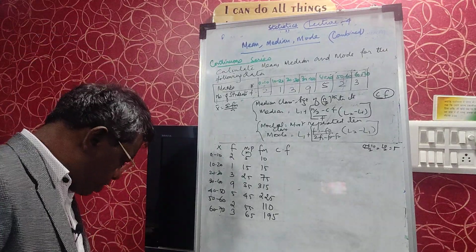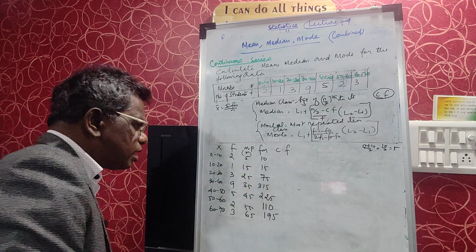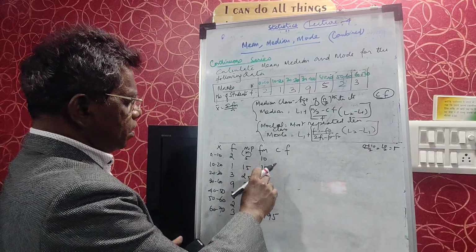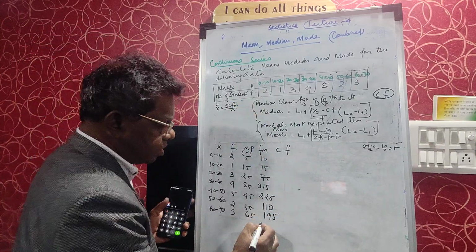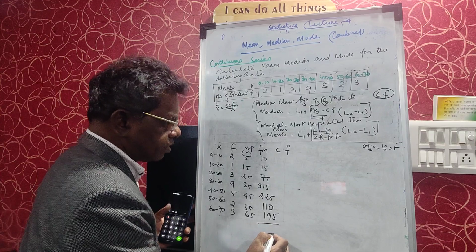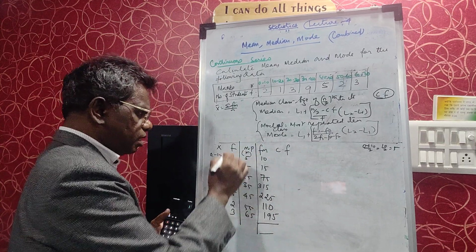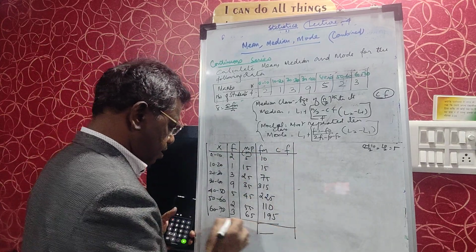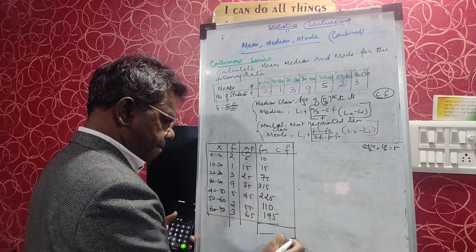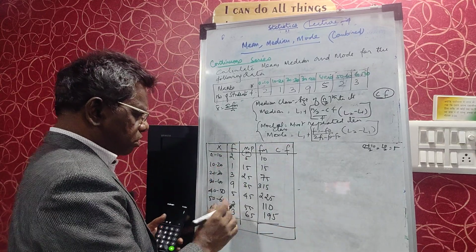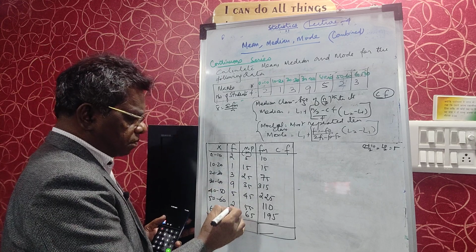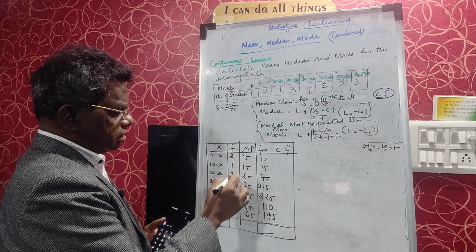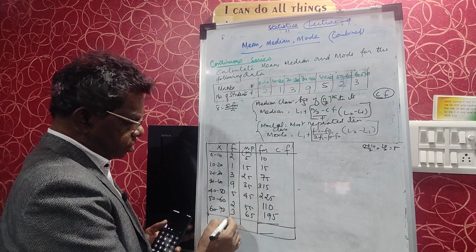Now this much is available, which is enough for the arithmetic mean. I will add this, you want sigma fm, so sigma fm will be here. Let us make this column ready also, it's very important. N is there. What is n? 3 plus 2 is 5, then 6, 15, 20, 22, 25.